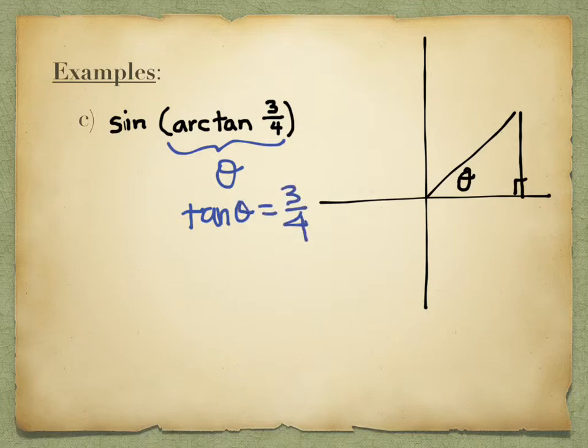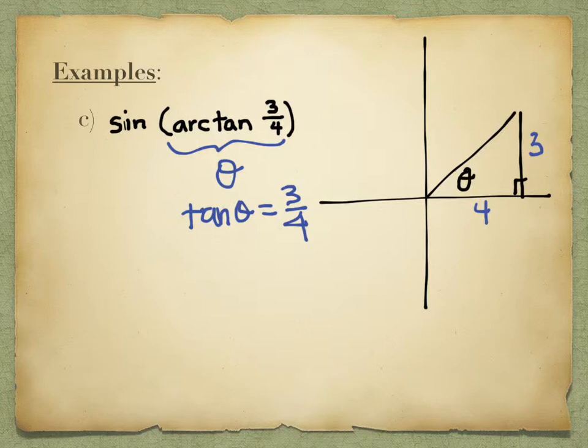Now in terms of triangles, what do you remember about tangents and sides of triangles? It's opposite over adjacent. My screen's not showing up for you guys at the moment, so. Okay, so the tangent in relation to a triangle is the opposite over adjacent. So with my angle theta being here in the middle, the opposite would be that vertical piece, and the adjacent would be this horizontal piece.